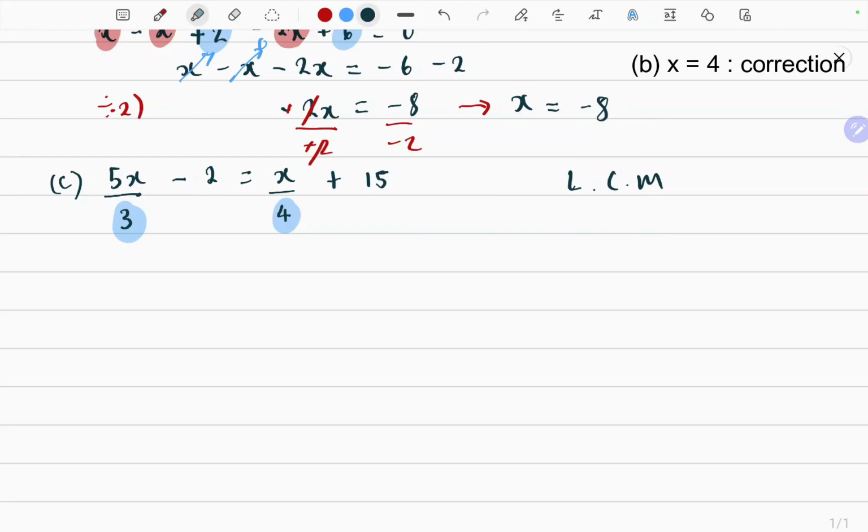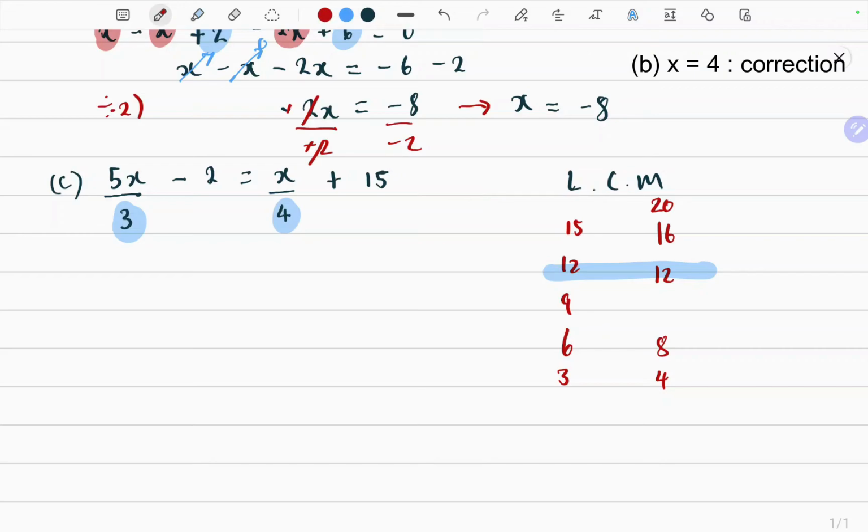What I normally do is write down the multiples of 3: 3, 6, 9, 12, 15. And I write down the multiples of 4: 4, 8, 12, 16, 20. So by inspection, we can see the lowest common multiple for both terms is 12.